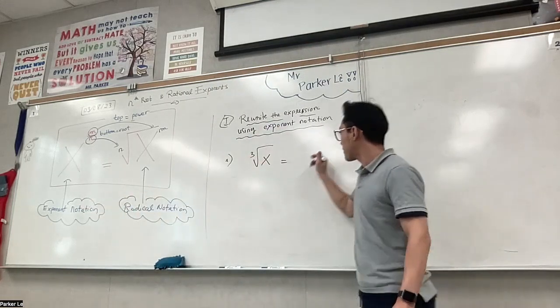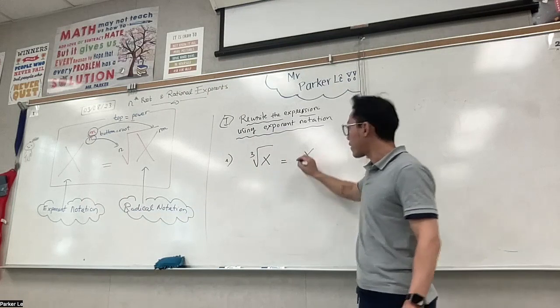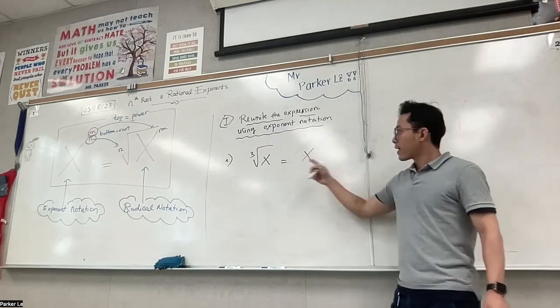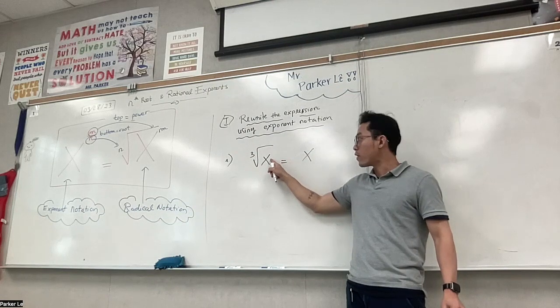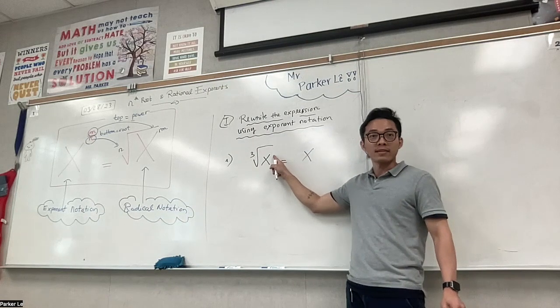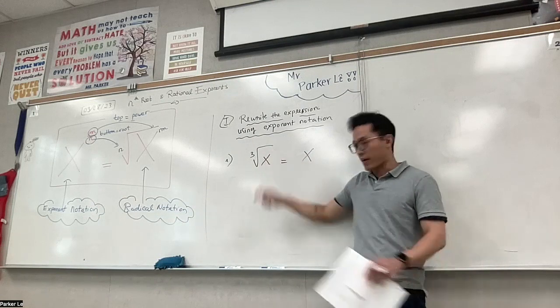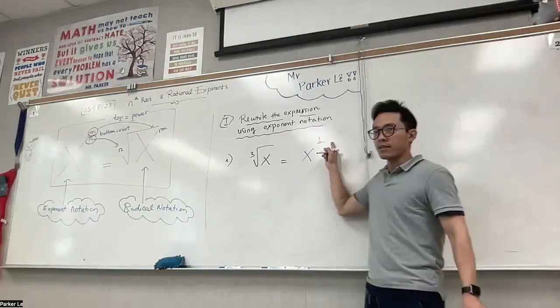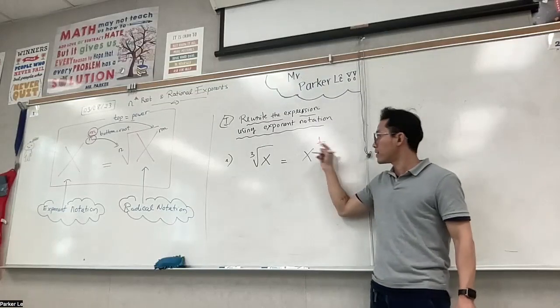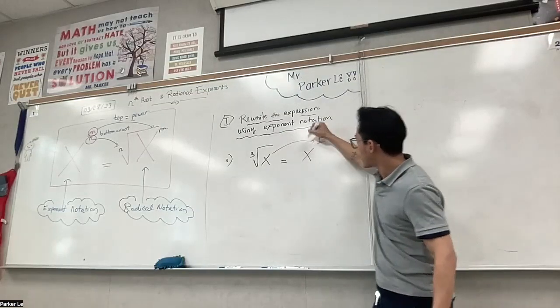How can we do this? First I write out the x. What is the power of x right here? There's no power, that means an invisible 1. So 1 on the top, 1 is the numerator.